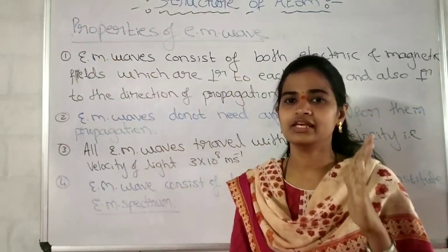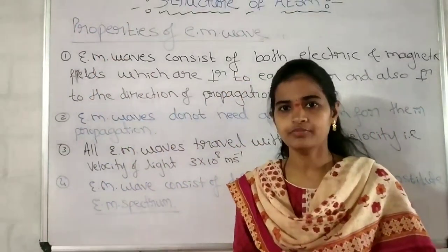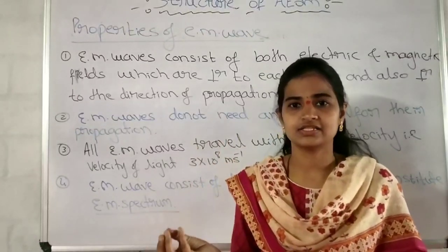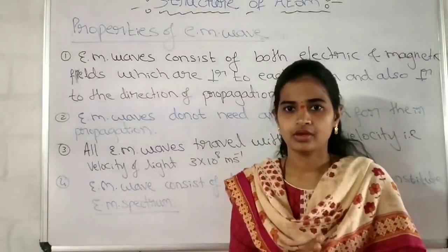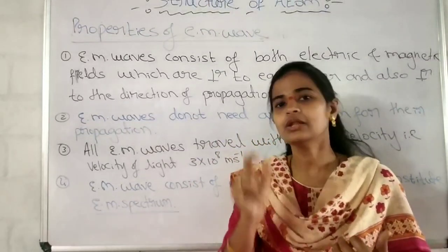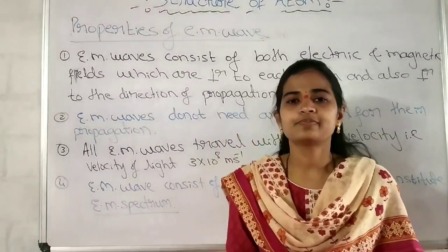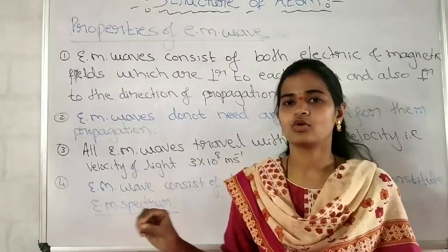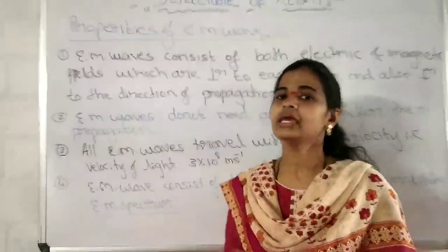Whatever I am telling you, keep it in mind, because you are new to the syllabus and will not have an idea how the questions will be asked. So I am explaining that in the videos itself. The question may be: what is electromagnetic radiation, what are its properties, or explain Maxwell's theory of electromagnetic radiation. For all of these, the answer is the same.